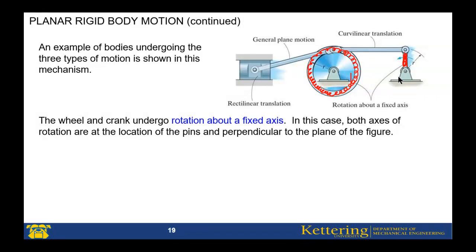If you disassemble all of this, you will see just these wheels rotate about this pin point, and also this crank is rotating, like this. These are two examples of a rigid body that has a rotation.